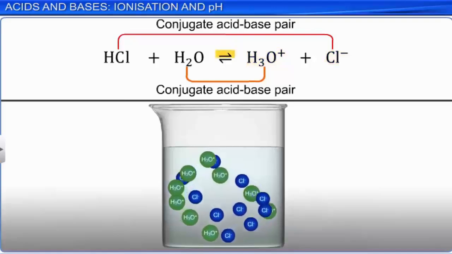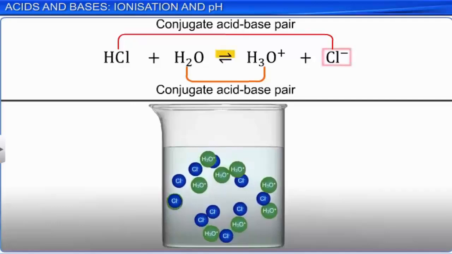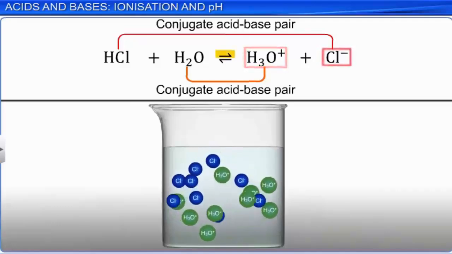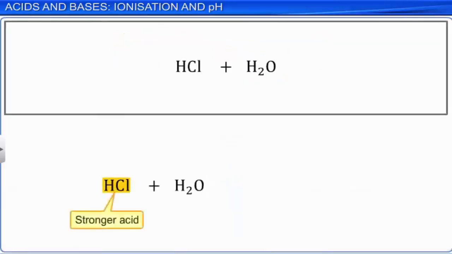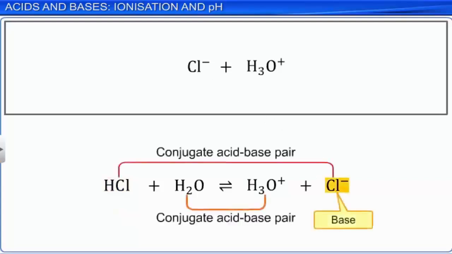Generally, the equilibrium will shift in the direction of weaker acid, and the resultant solution mainly contains Cl- and H3O+ ions. As HCl is a strong acid, it readily loses the proton. Does this tell you anything about the chloride ion as a base?